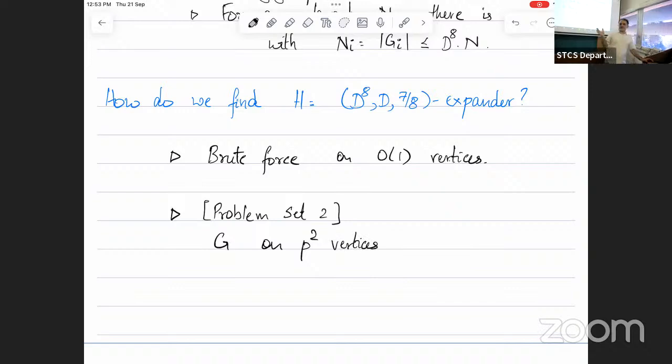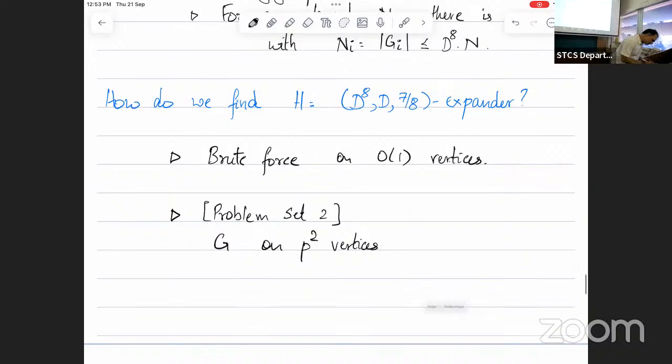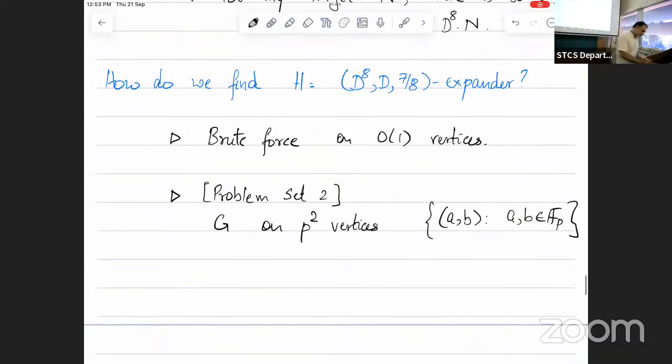Choose p to be a prime. In this case, I just need to choose a prime. This is a constant, so explicitness is not a problem. And I'm going to think of the vertices as a comma b, where a and b are elements in F_p. And I'm going to take two different views of what this a comma b refers to. The first view is that a comma b is a point in the plane.